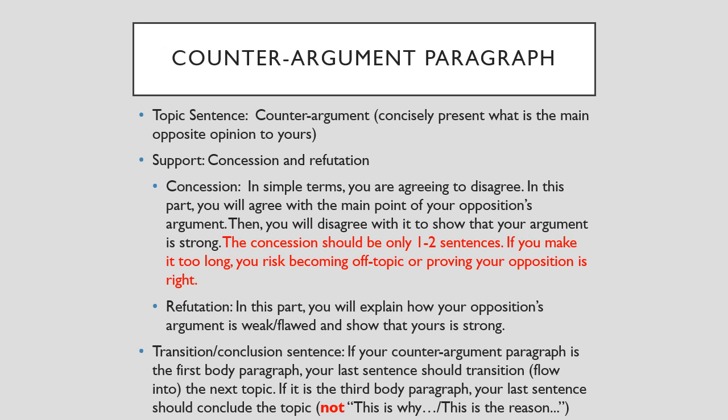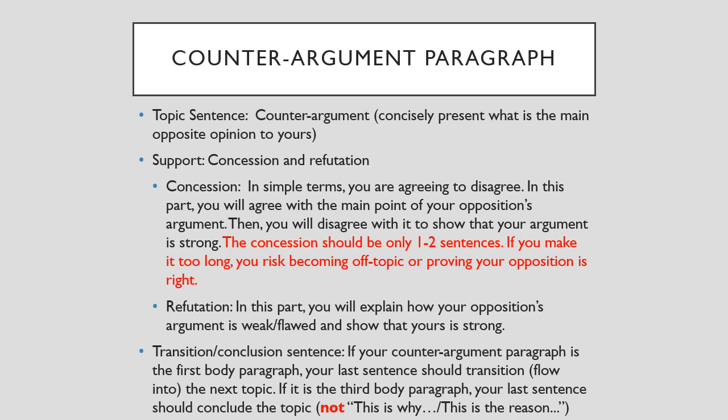So, of course, you know that there should be some kind of transition or conclusion sentence in your body paragraphs. This is something you already know. Okay, then there's nothing really special for an argumentative essay. I will just let you know that in a counter argument paragraph, if you choose for it to be the first body paragraph, I suggest that your last sentence is a transition to help flow into the next topic, which is, of course, strictly your argument.